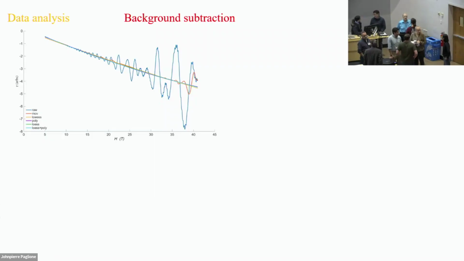Typically, you already know, before you ever put it on a spectrometer, you measure the magnetic effect. Traditionally, you always want to.